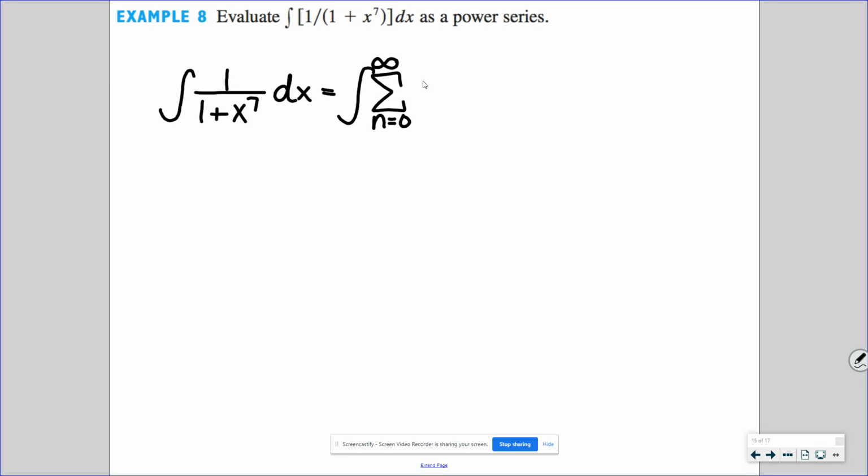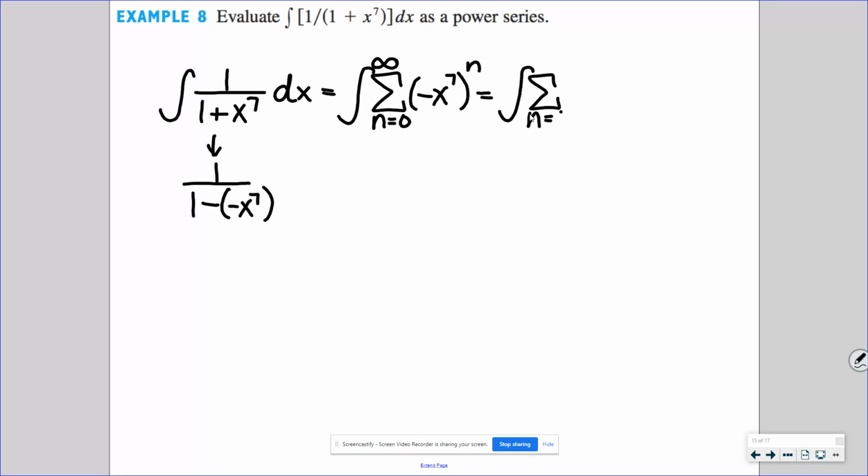So what would this look like as a series? It would be 1 over 1 minus negative x to the 7th, to be in the right format. The first term would be 1, and then it would be negative x to the 7th to the power of n. And we would probably want to rewrite this again, separating the negative from the x.